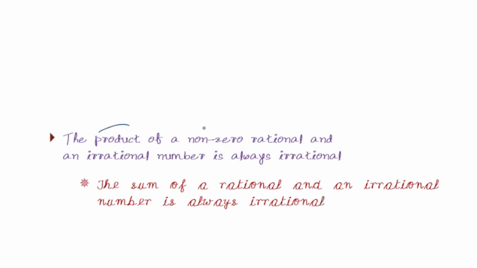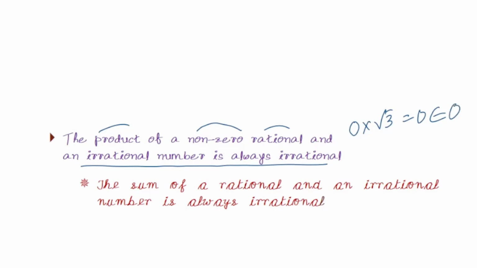The product of a non-zero rational and an irrational number is always irrational, except 0, because 0 multiplied by any irrational number, root 3, is equal to 0, which is a rational number. But except 0, the product of any rational number and an irrational number is an irrational number.